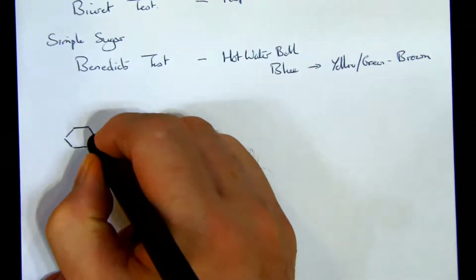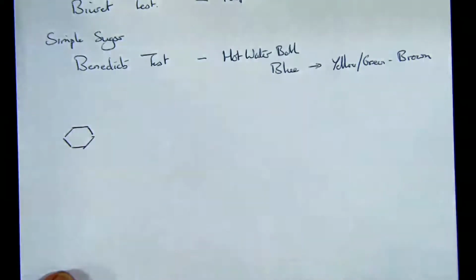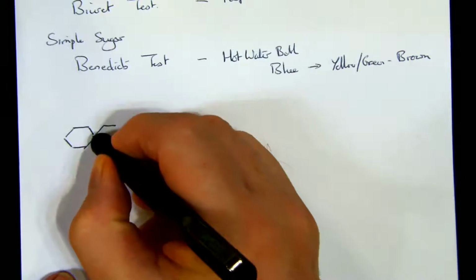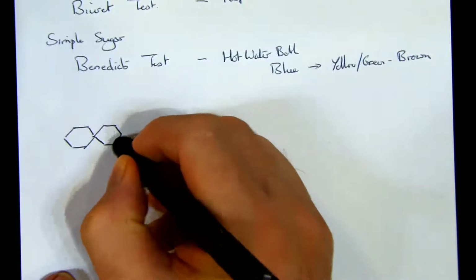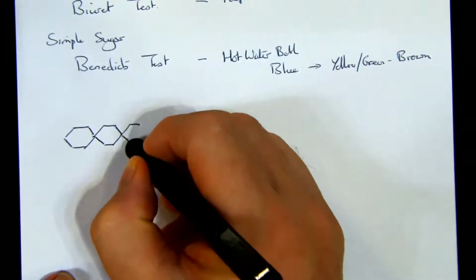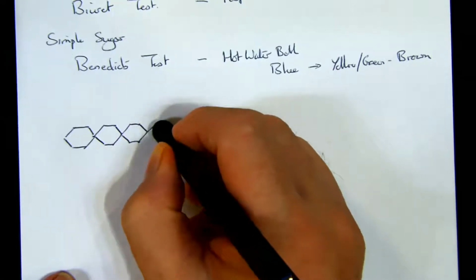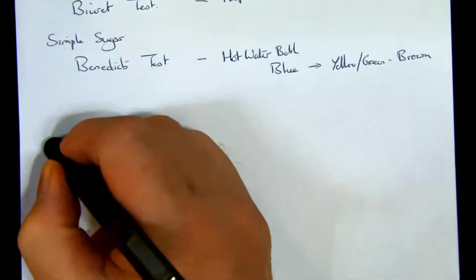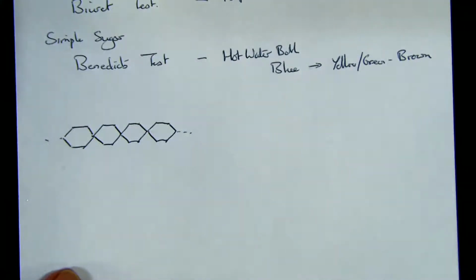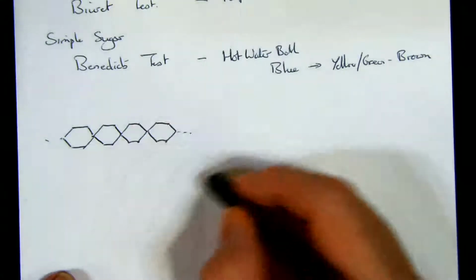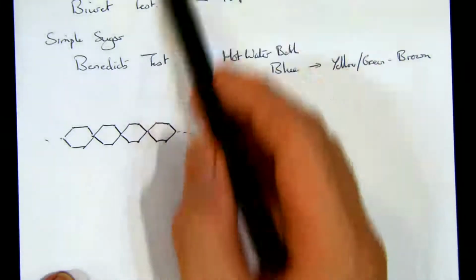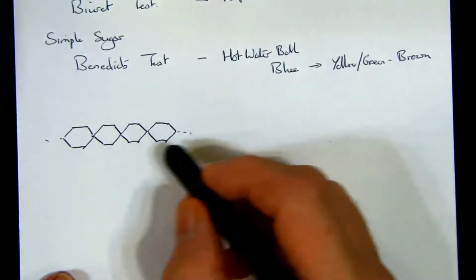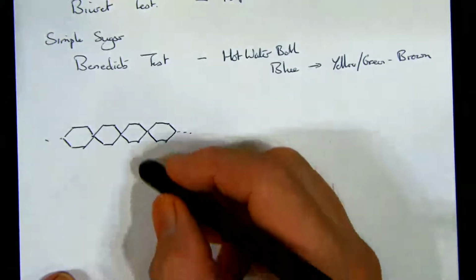So a sugar molecule looks like a little hexagon, and this is joined to another little hexagon, and so on and so on and so on. I'm going to get very bored very quickly drawing this out. What happens with the iodine test is it reacts with this and we get this blue-black complex.